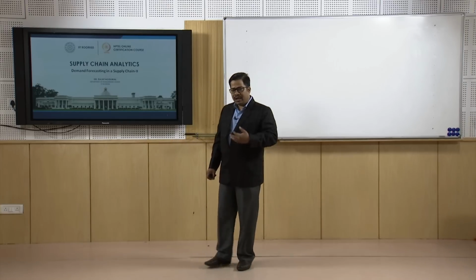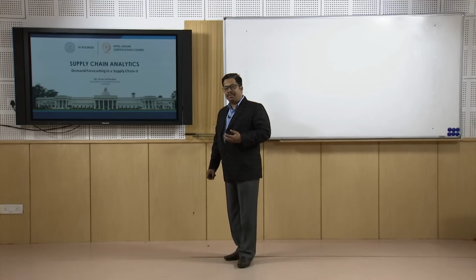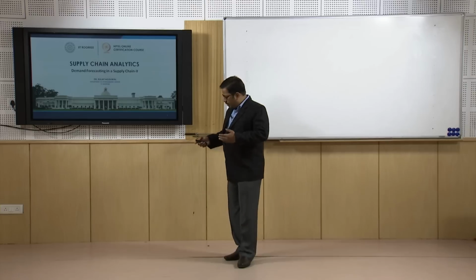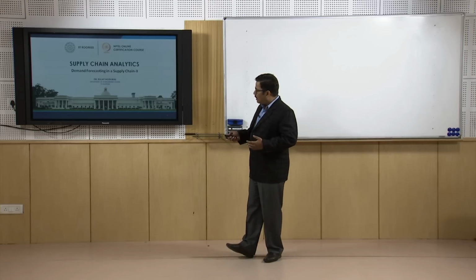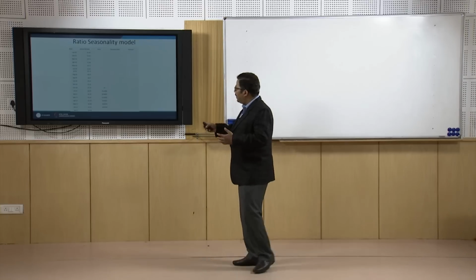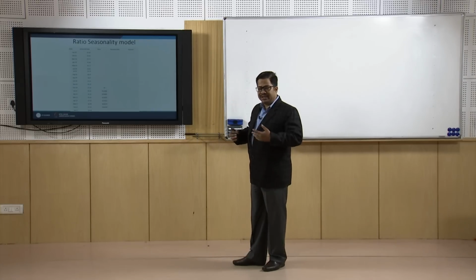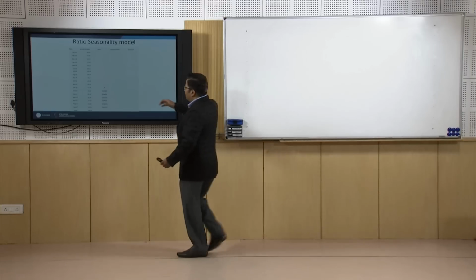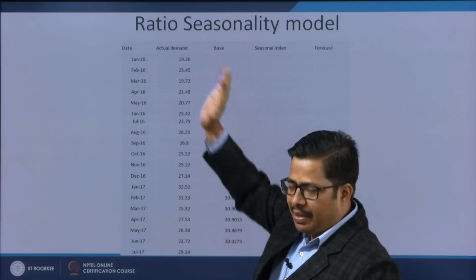In our earlier classes we discussed the simple exponential method, and now today we are going to discuss a complex exponential smoothing method where we have some kind of seasonality, and that seasonality we are assuming is of the ratio seasonality type.